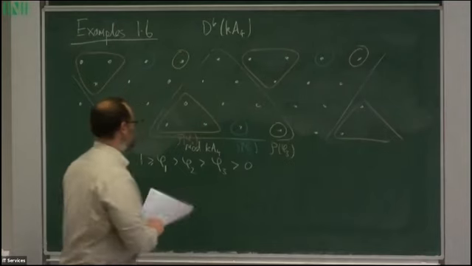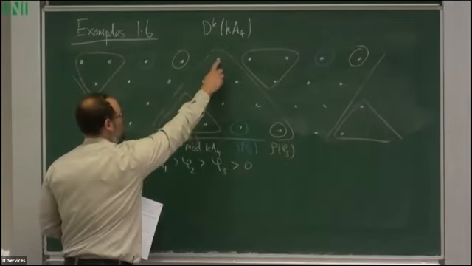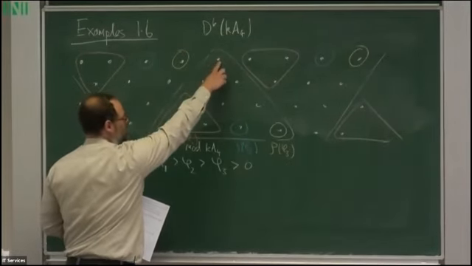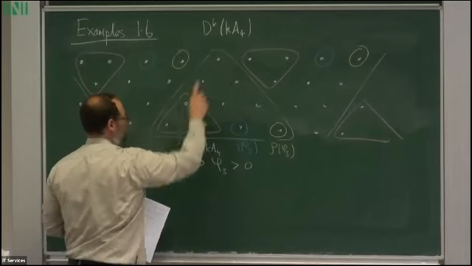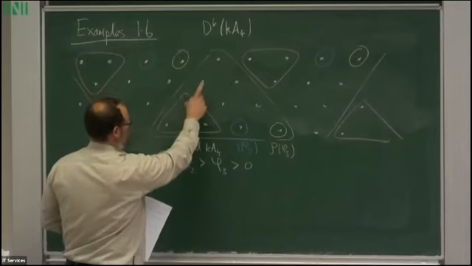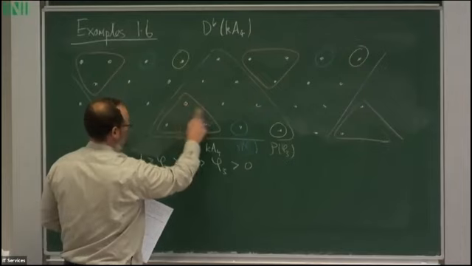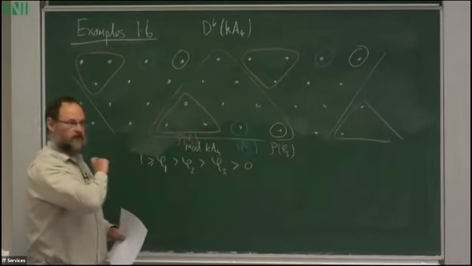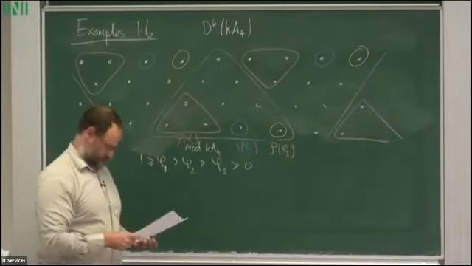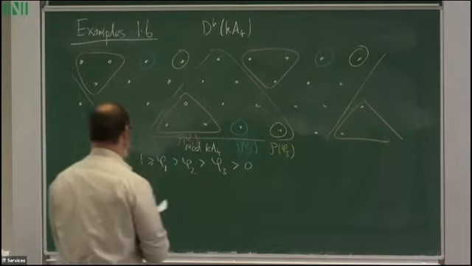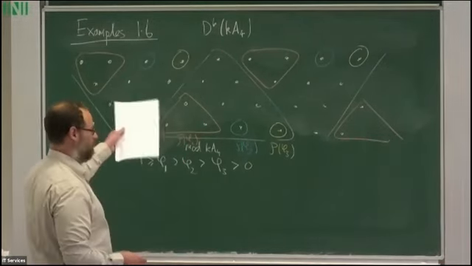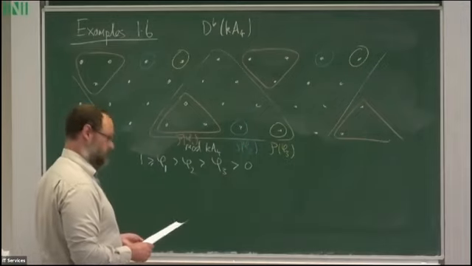And for example, you see here that this object here has a Harder-Narasimha filtration, it's going to have this one, and this one has its factors. Okay, so this is an example of a slicing on D^b of A4.